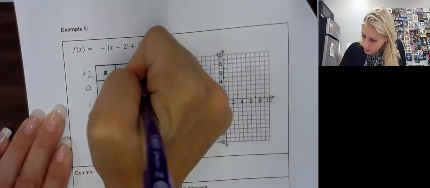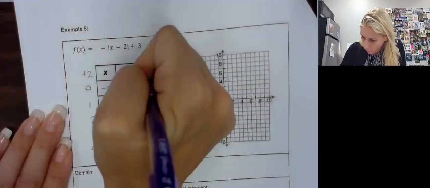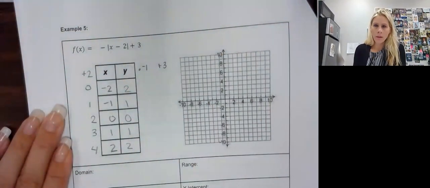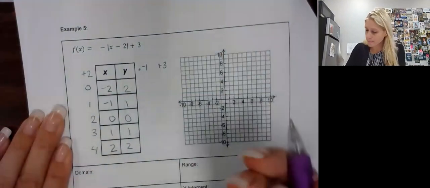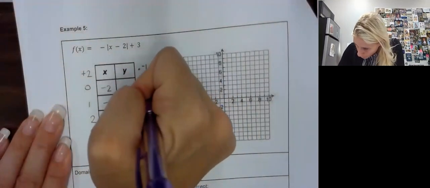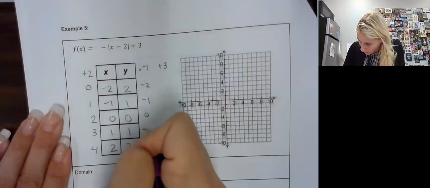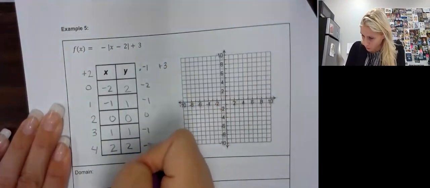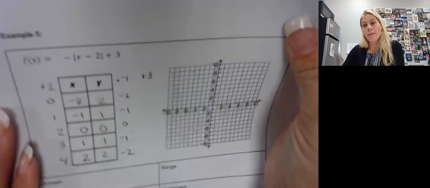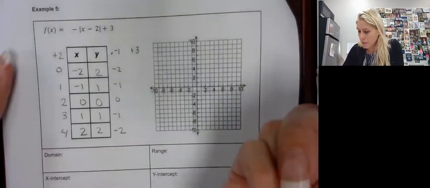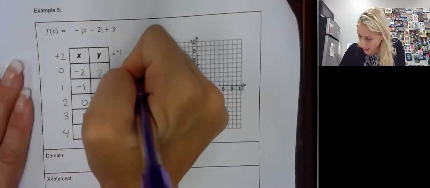For y here, we're going to multiply it by -1 and then add 3. Right, left to right. So -2, -1, 0, -1, -2. The great thing about doing this graphing right now is that once we do it, we don't have to do it again for our future key features. So we're going to add 3.